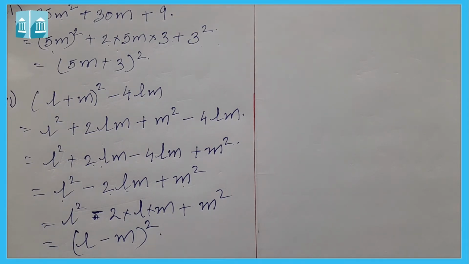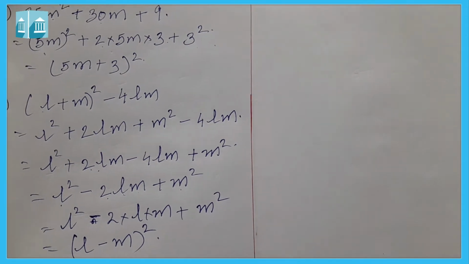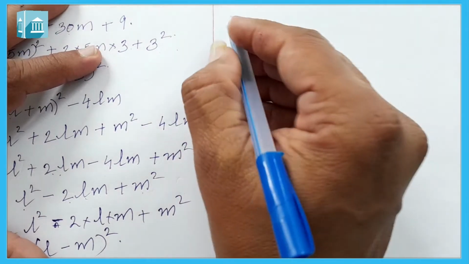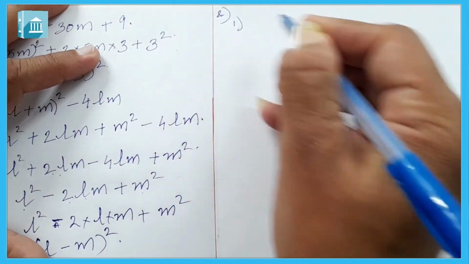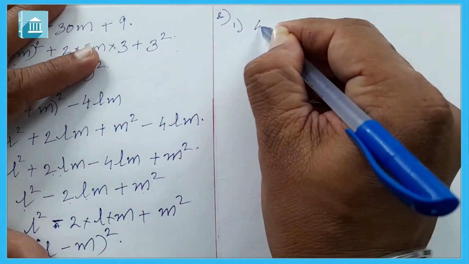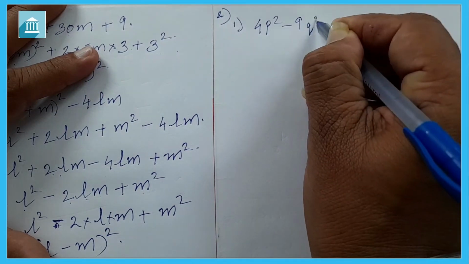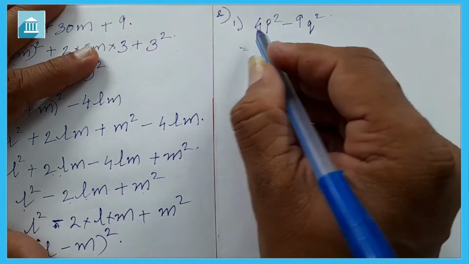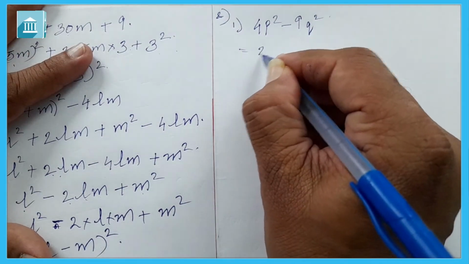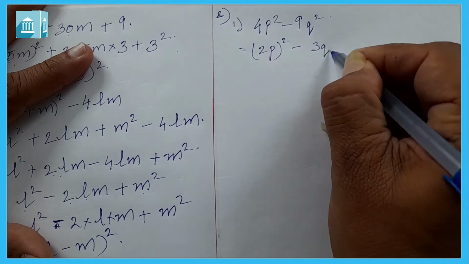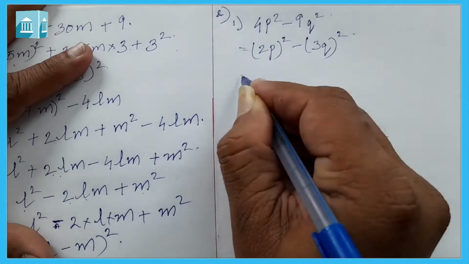Now let us come to question number 2. The first one is 4p square minus 9q square. 4p square can be written as 2p whole square minus 3q whole square.